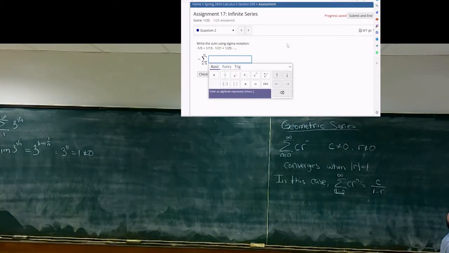So let's get started with, again, n starting at 0. It alternates, so I'm going to put a (-1). Even terms are negative, so let's do an n plus 1.